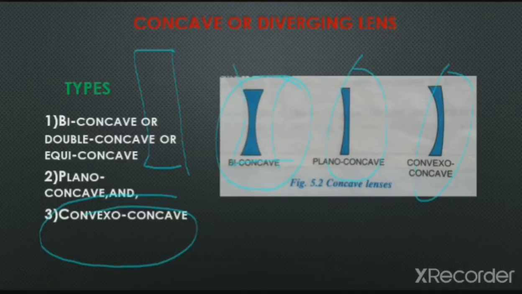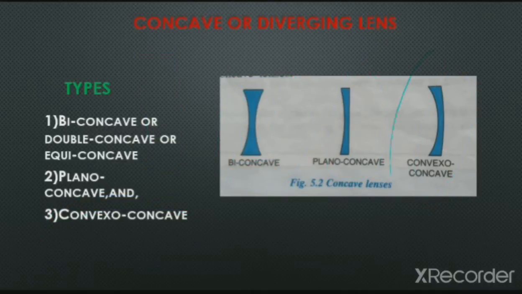Now if you observe this third kind of lens, it is thin at the middle and thick at the periphery. So what kind of action will it produce? A lens which is thin in the middle and thick at its periphery is a concave lens.